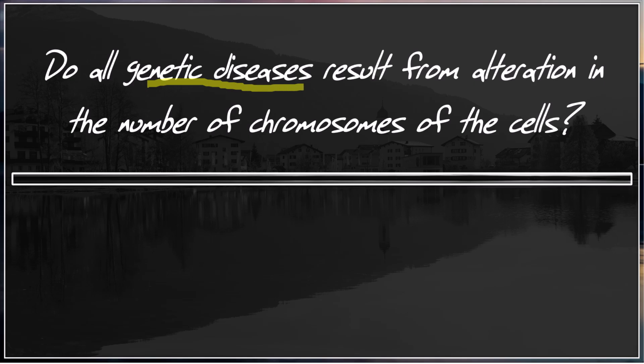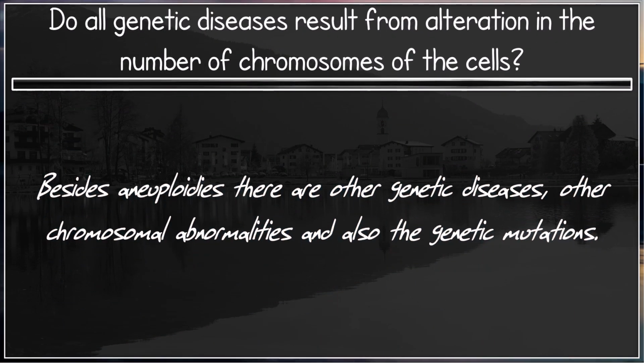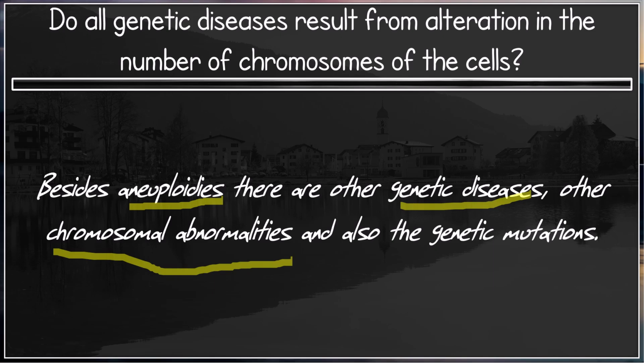Do all genetic diseases result from alteration in the number of chromosomes of the cells? Besides aneuploidies, there are other genetic diseases, other chromosomal abnormalities, and also genetic mutations.